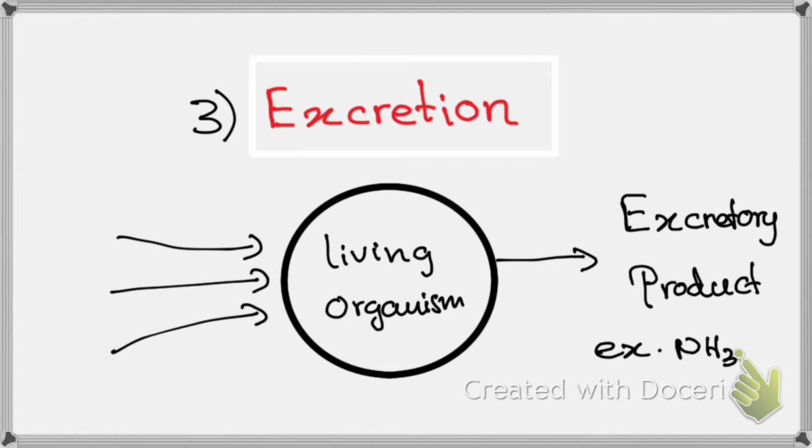Normally some excretory products that we know are ammonia, urea, like that. So there is a way to remove these things as excretory products. This is called excretion. This also is a characteristic common to all the living organisms.